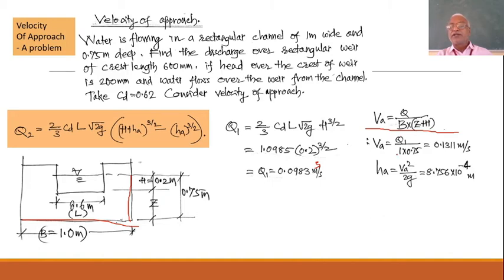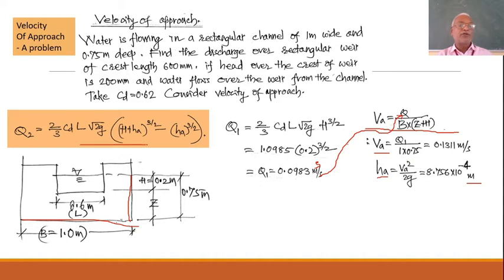Using this discharge, 0.1311 meter per second becomes the velocity of approach. Now the head because of the velocity of approach is VA squared by 2g, which is 8.756 into 10 raised to minus 4 meters.